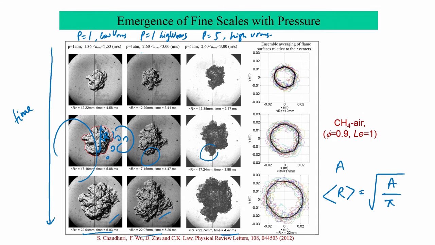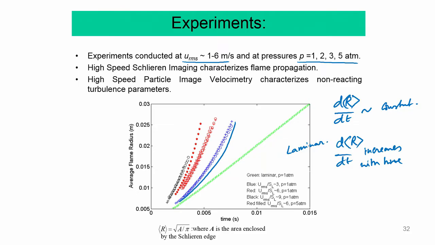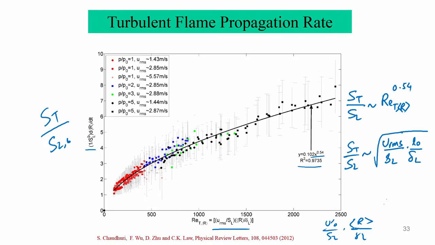Pushing and convecting it, on average, does not create any stretching or any new area, and hence that should not participate in the turbulent flame speed as such. So that is why, instead of L0, which of course we can have in this configuration also, the appropriate choice of length scale in this problem is the radius. This was reported in our paper by Chaudhuri, Wu, Zhu and Law in Physical Review Letters.